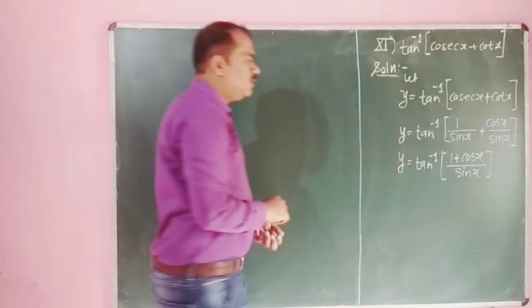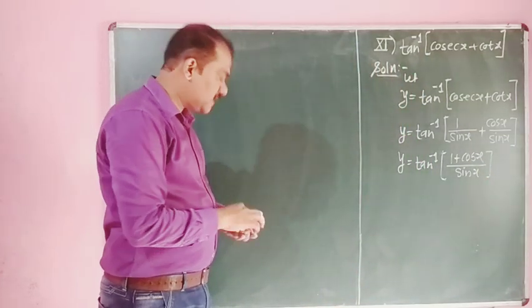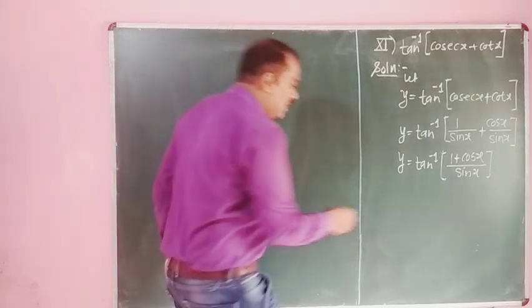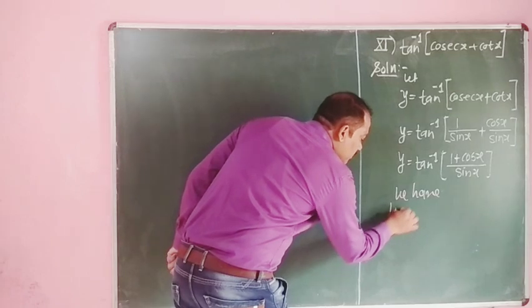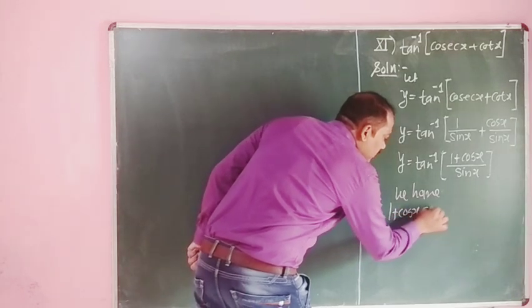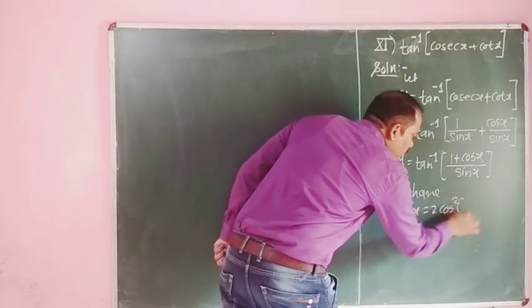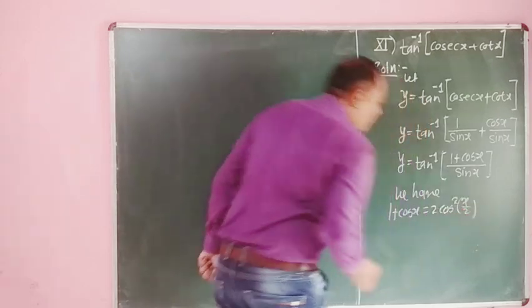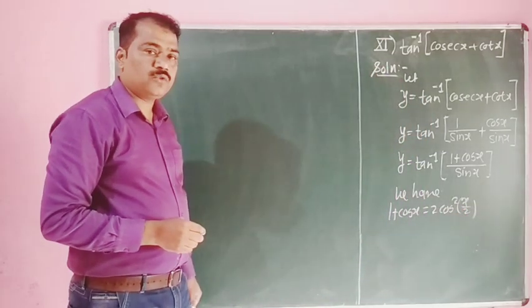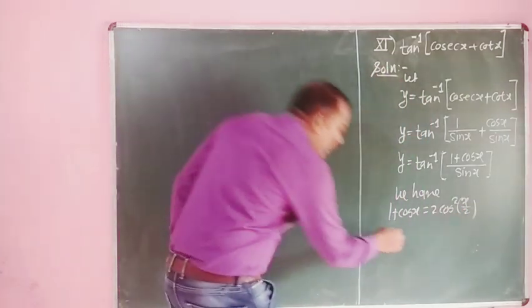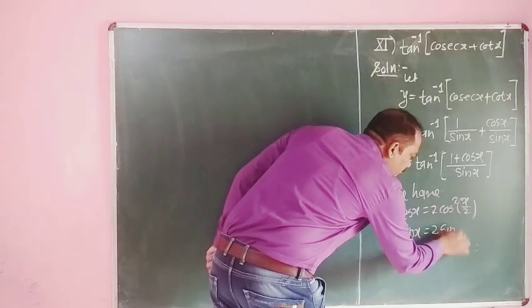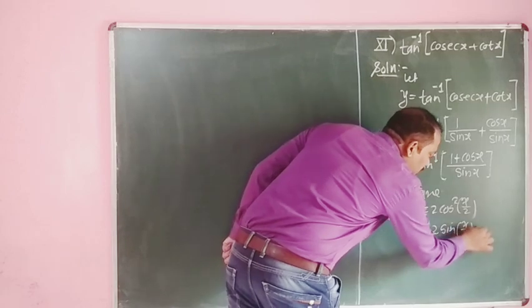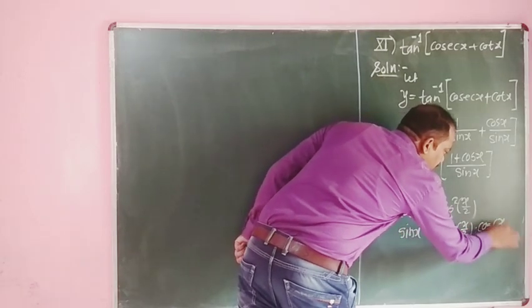We have to know the formulas related to 1 plus cos x and sin x. 1 plus cos x is equal to 2 times cos square x by 2, and sin x is 2 times sin x by 2 into cos x by 2.